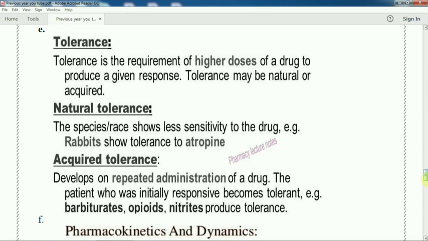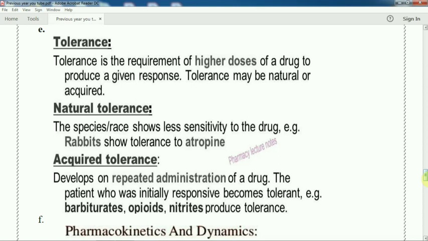When the same quantity or quality of the same drug is used repeatedly, the response decreases. So a higher dose is required at that time to get the same response. So tolerance is the requirement of a higher dose of a drug to produce the given response.